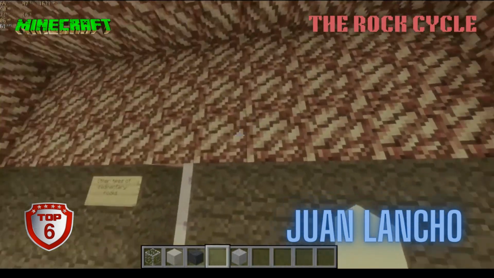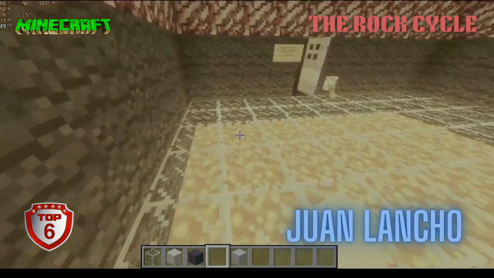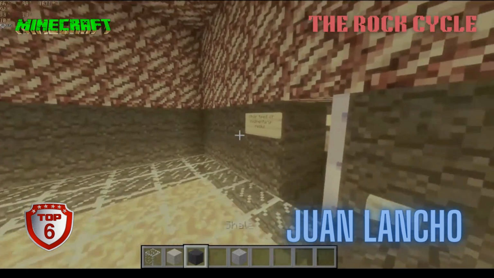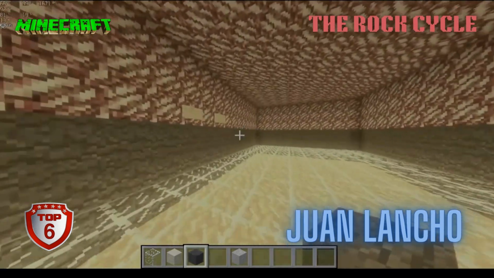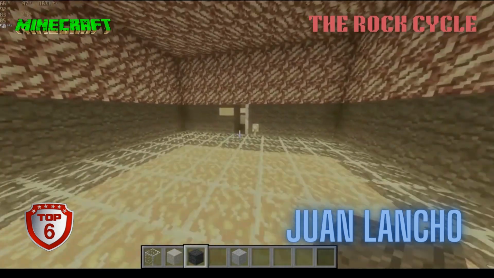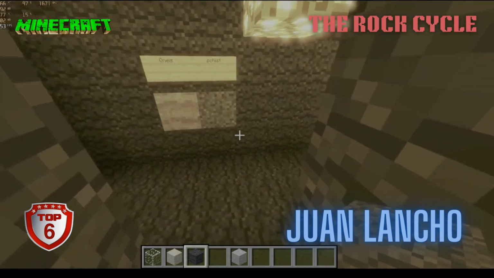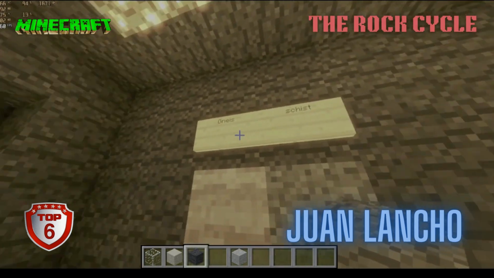Like this, the quartz is transformed to shale with the high temperature and high pressure. Other types of metamorphic rocks are schist and gneiss.